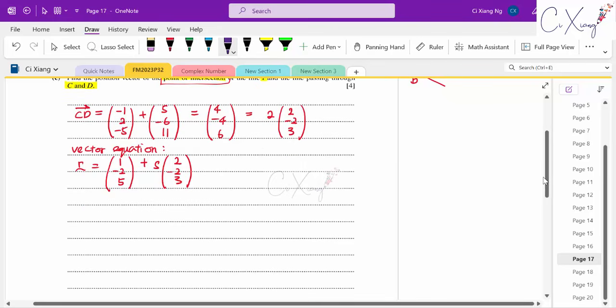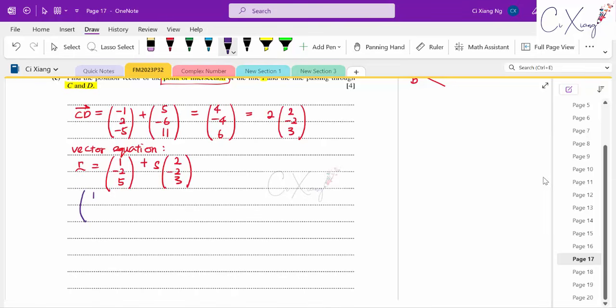The vector equation for line L that we got just now is (1 - 2t, 2 + 3t, -3 - 5t), equals to the second line equation, (1 + 2s, -2 - 2s, 5 + 3s).